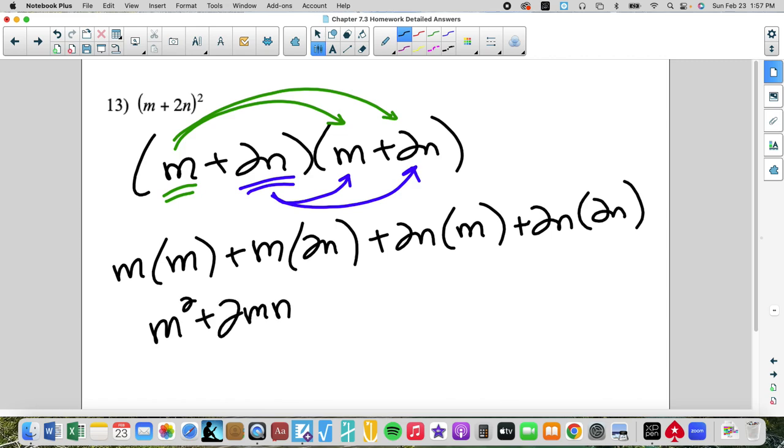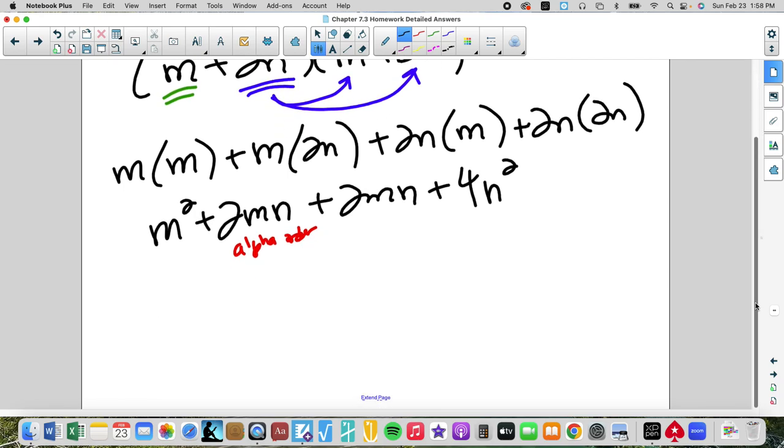Don't forget alphabetical order. And 2n times m is 2mn. And 2n times 2n is 4n squared. All right, we have like terms. So that is m squared plus 4mn plus 4n squared.